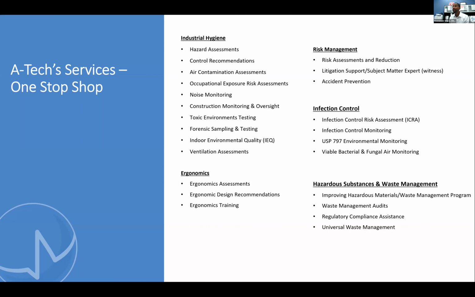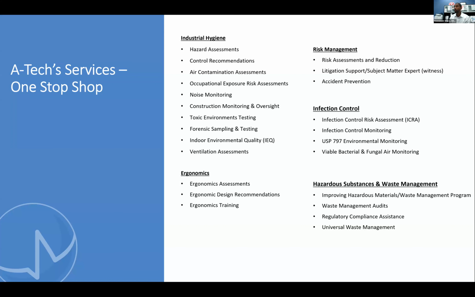We do extensive ventilation assessments and work through the design phase with a lot of organizations on that front. Kai and a couple of other professionals here within the office hold professional ergonomist certification, so we specialize in ergonomic assessments, recommendations, and training.